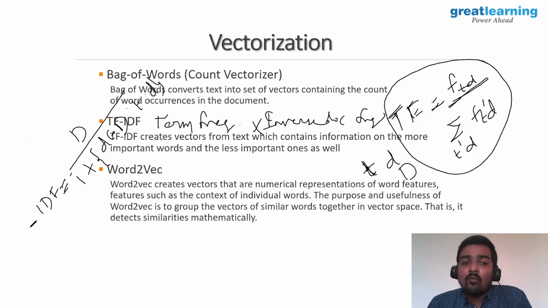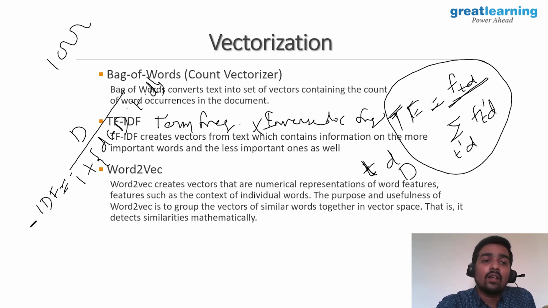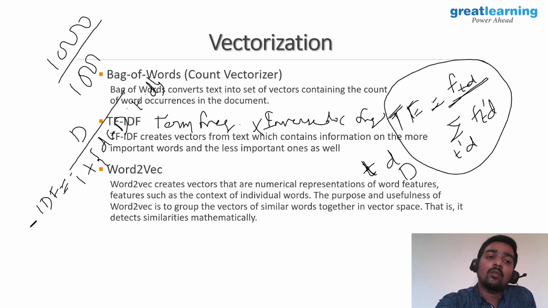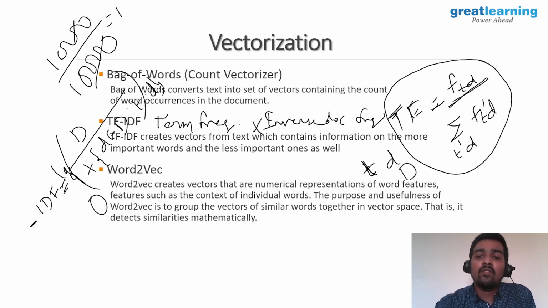In this way, let's say the number of documents is 1000, and a term like is or to, which is occurring in almost all the documents, the denominator will also be 1000, which means 1000 by 1000 will be 1, and log of 1 will be 0. When you multiply the term frequency, which might be coming up with some number, with this inverse document frequency, which is 0, the TF-IDF will be 0.